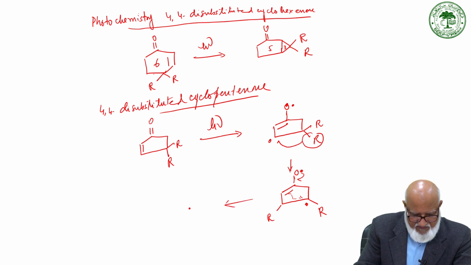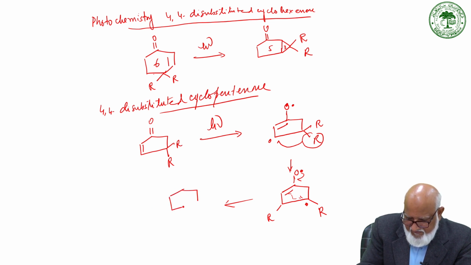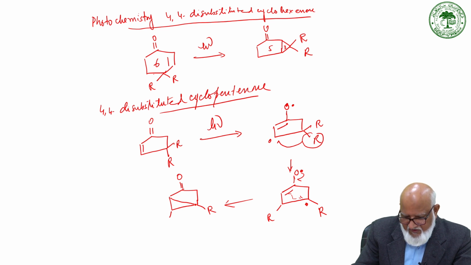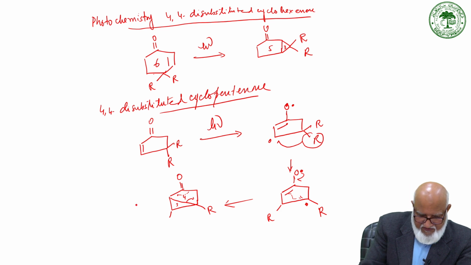This can attack here to give a bicyclic ring system. Now it has been found that this opens up because it's a highly unstable system, a 4 and 3 system, so it opens up to give a ketene derived product.